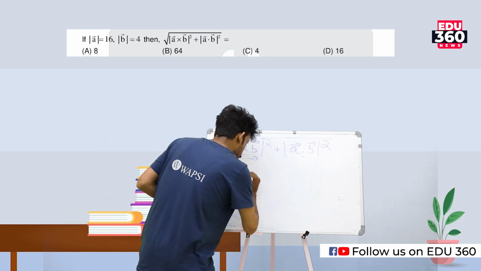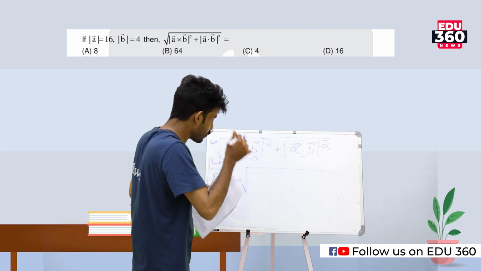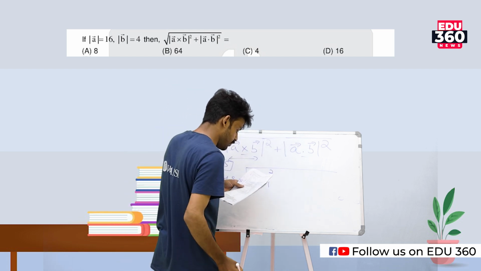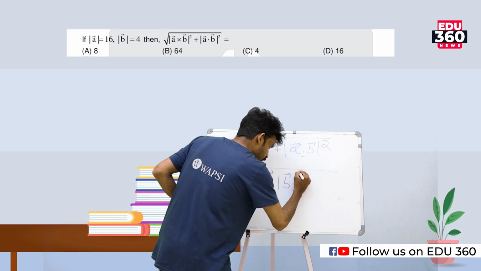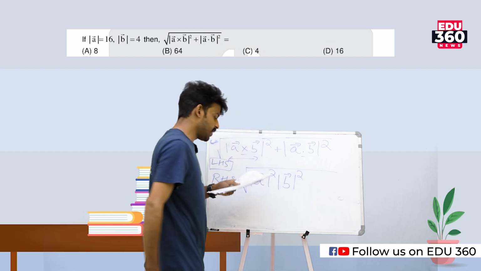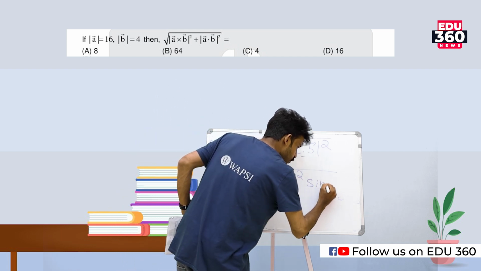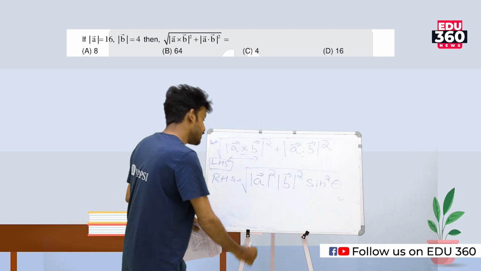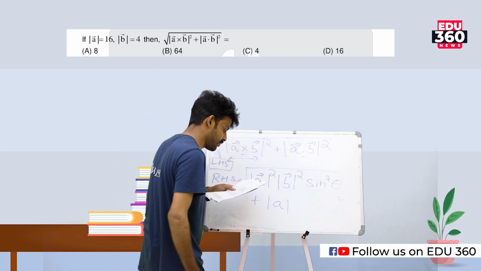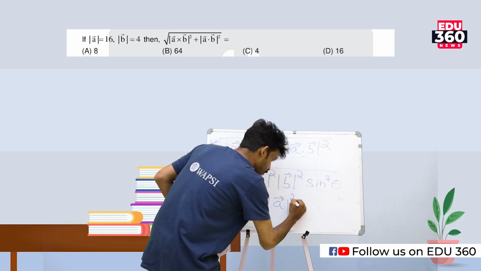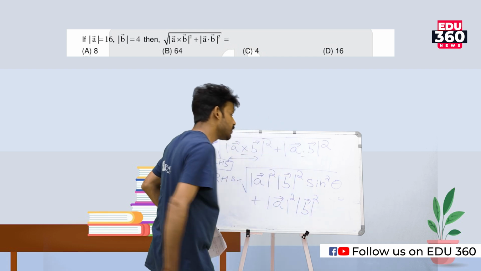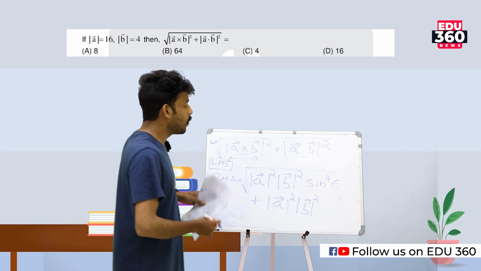So just substitute: root of modulus of A vector the whole square into modulus of B vector the whole square sine square theta, plus modulus of A vector the whole square into modulus of B vector the whole square cos square theta.